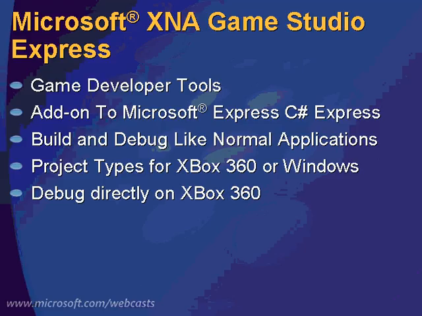But what's interesting about this is that it's been expanded way beyond the machine that we're running on. So for example, if you're building an Xbox 360 application and you need to debug it, you can actually debug it on the 360 simply by connecting to it, running from C# Express or XNA Game Studio Express.